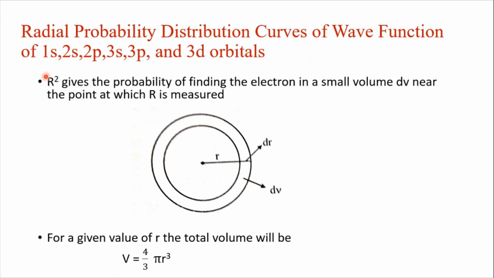See, this is the nucleus and this is R square, that is, finding the electron in the small volume dV. In this volume we are finding the probability of the electron. For a given value of r, the total volume will be 4 by 3 pi r cube. This is the formula for the volume of a sphere.